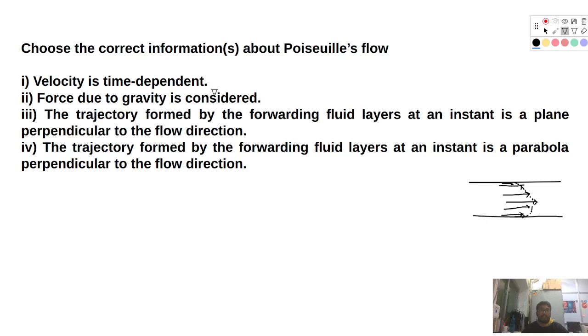Now the two things: velocity is time dependent, or force due to gravity is considered. When we write down the Poiseuille flow, first of all what we write down is rho, and we have viscosity.